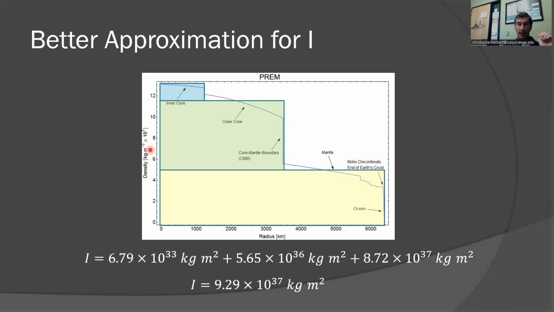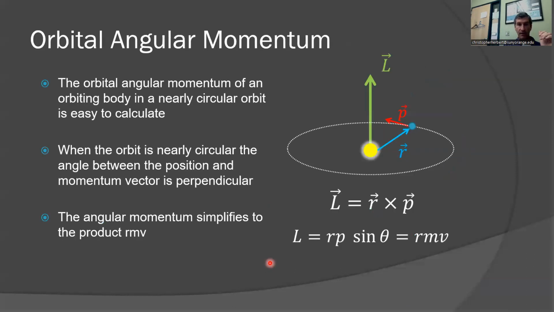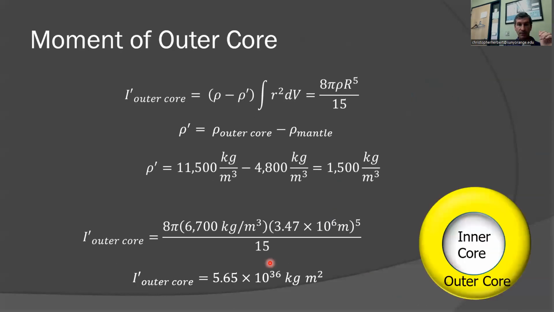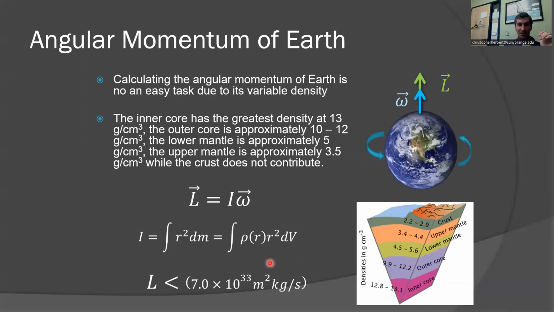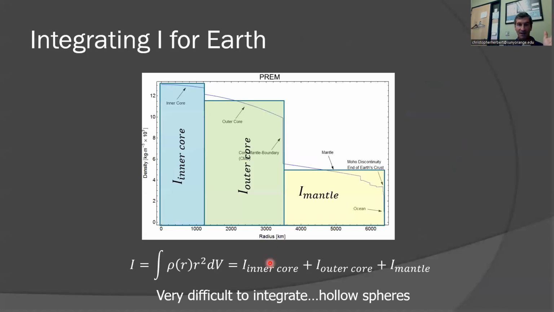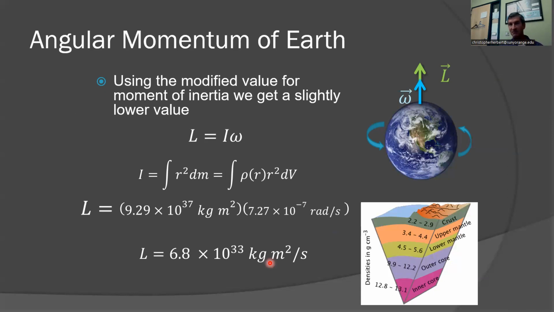So it doesn't actually decrease the moment of inertia as much as you would have thought, but with this new value, if we multiply this times the angular velocity, we get 6.8 times 10 to the 33, as opposed to 7.0 that we had before. So, a better correction for the moment of inertia.